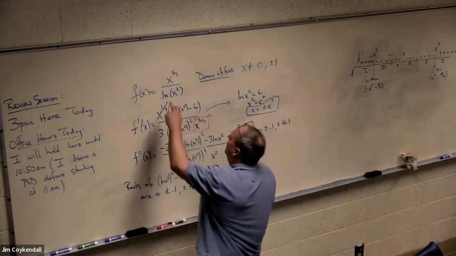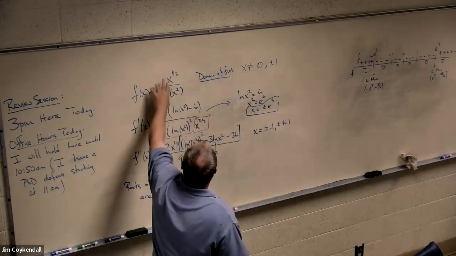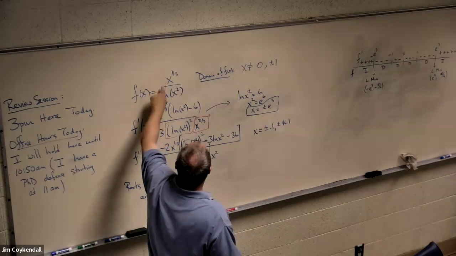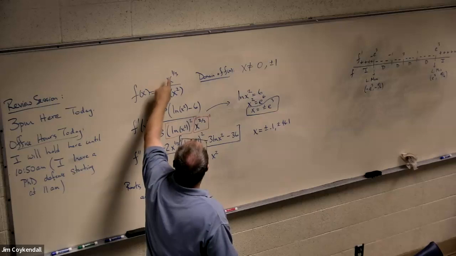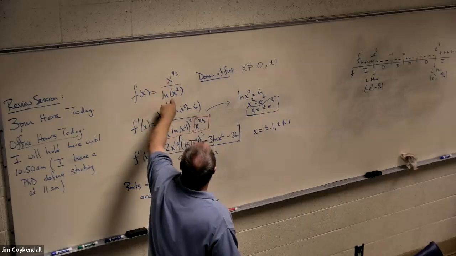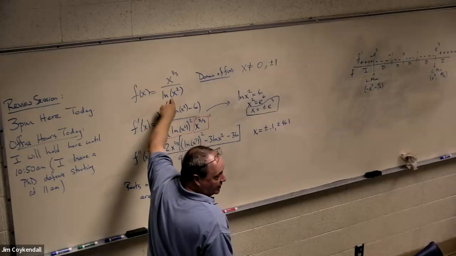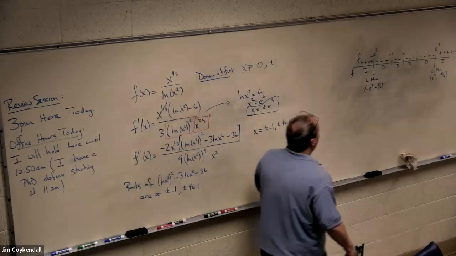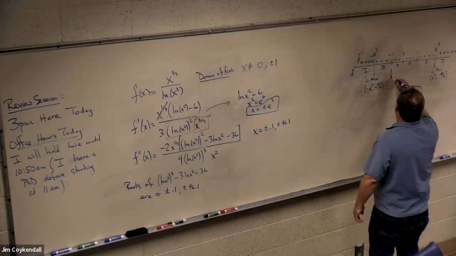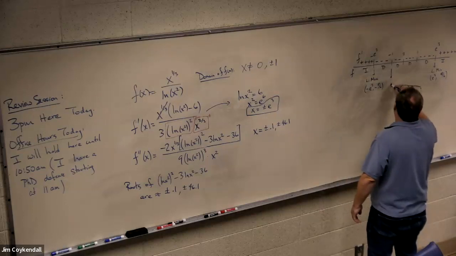If you're getting close to 1, this is getting close to log of 1. So this is actually getting huge. Everybody agree with that? I think probably both of these have vertical asymptotes.